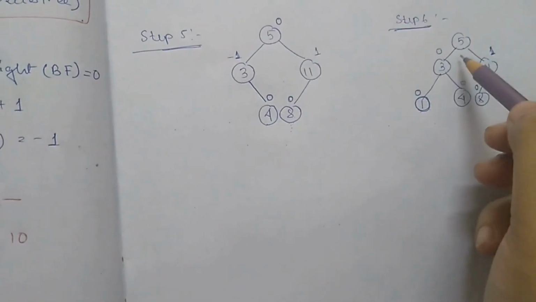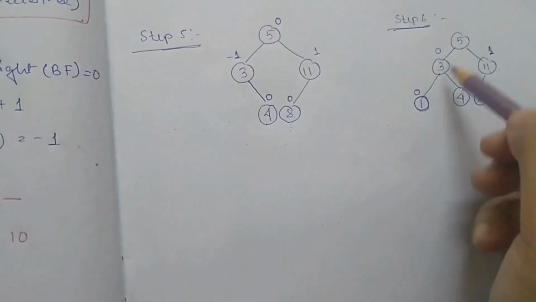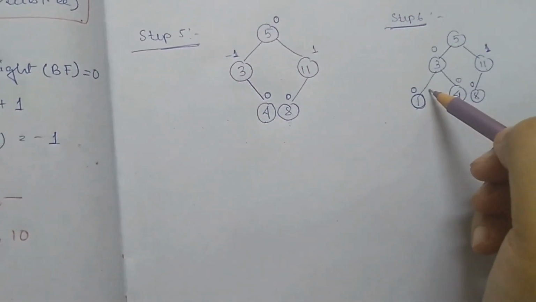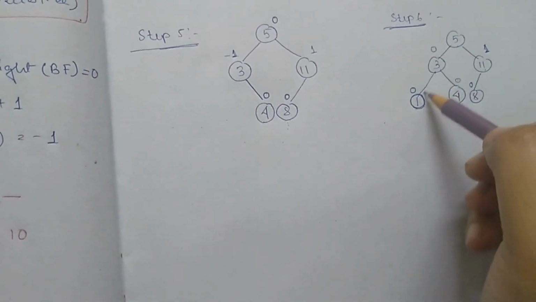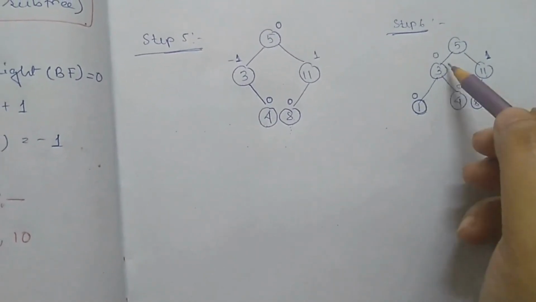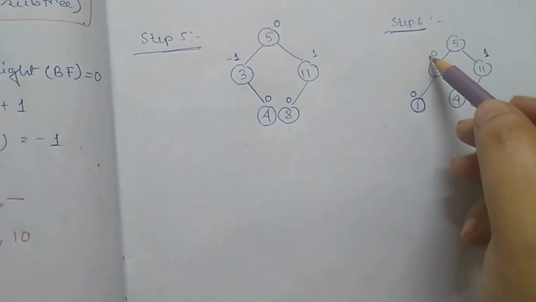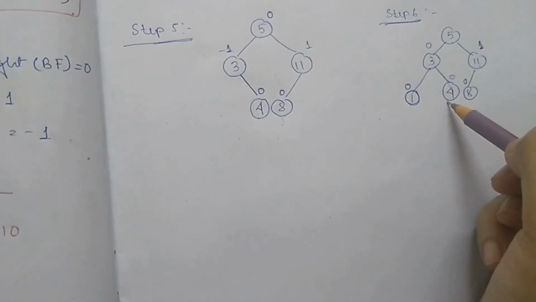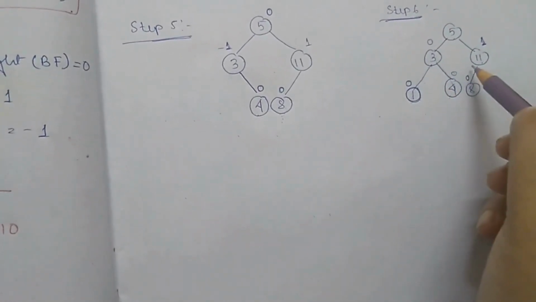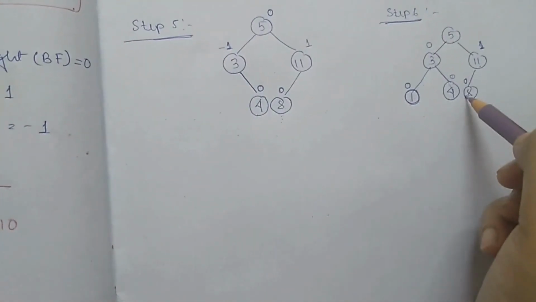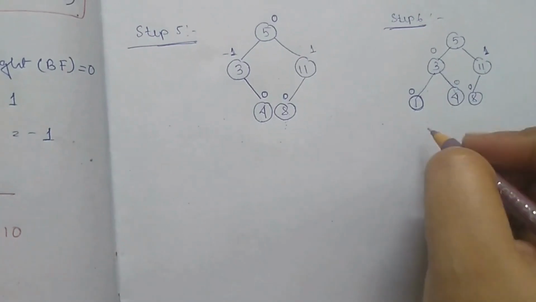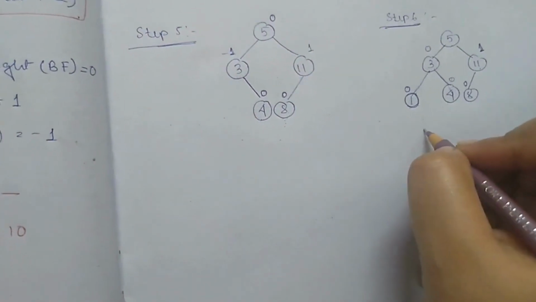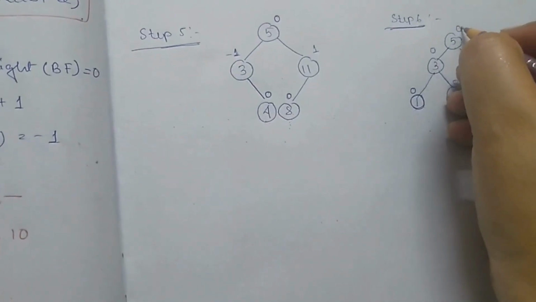Okay, at least one height we consider. Now if we consider the left subtree, in that case if we consider this channel, 2 nodes occur, or if we consider this channel, in this channel 2 nodes occur. Okay, so 2 minus the right hand side value, that is 2. 2 minus 2, the value is 0. So the height of 5 is 0.